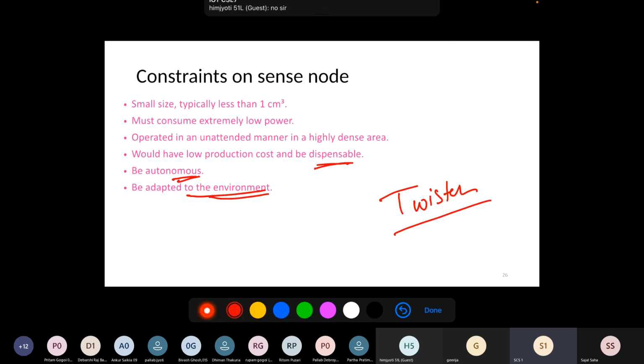At that time I think I was at graduation level. But the sensor node concept was not there then, still the director conceived that idea, which is now in reality. So we can use sensor nodes for this kind of application also.